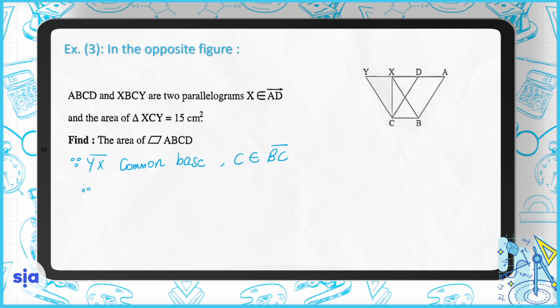Therefore, the area of triangle YXC is equal to half the area of the parallelogram YXBC. And we're going to call this number 1.